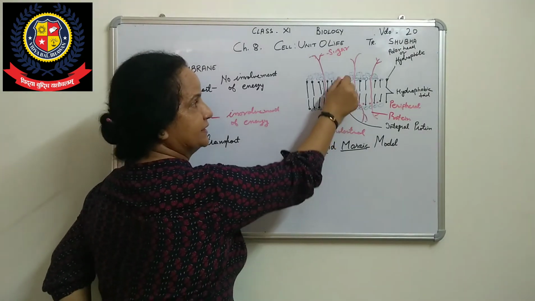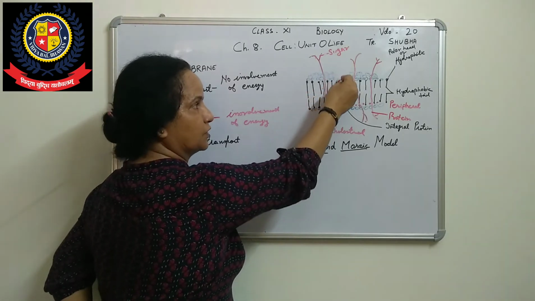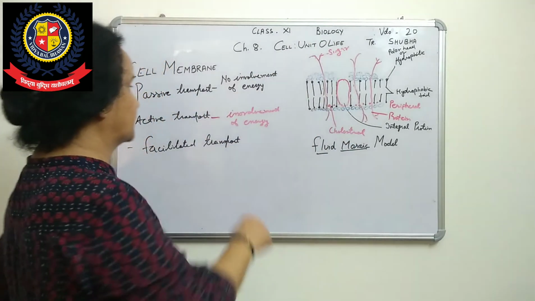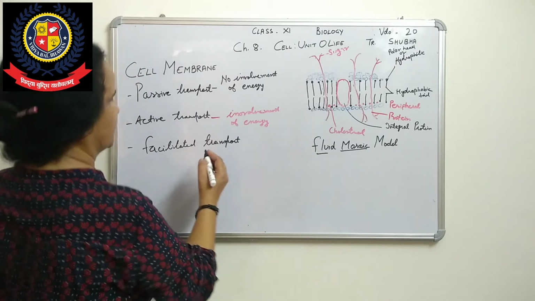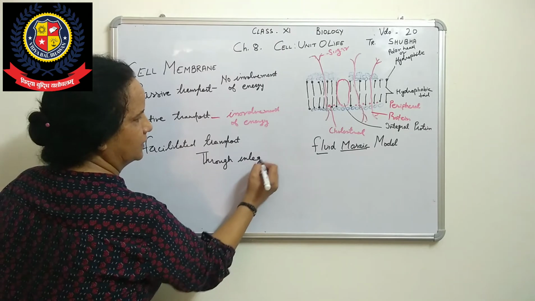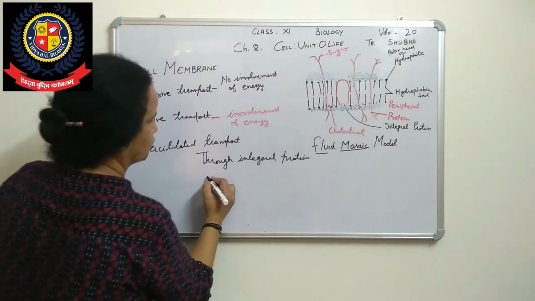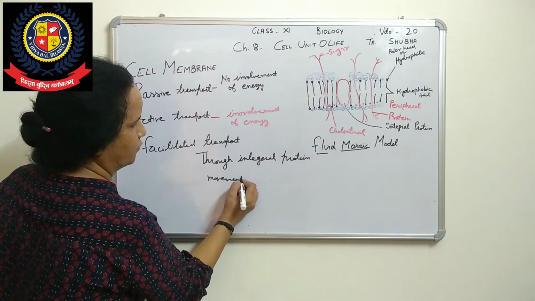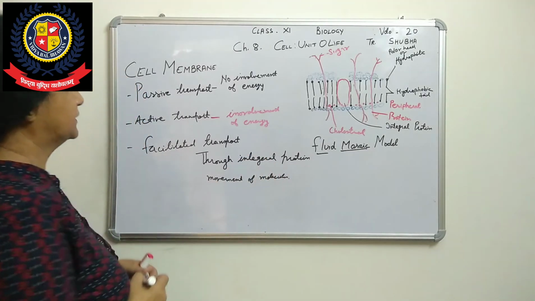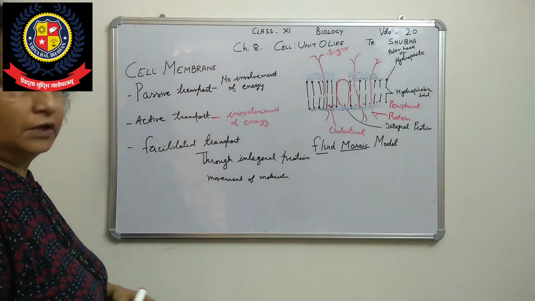The molecules will be carried by the integral proteins, which are embedded inside, and easily the molecule will come through from this side to the other. So through integral protein, movement of molecules occurs. These are the transport functions, that they should allow or should not allow. It depends on that.